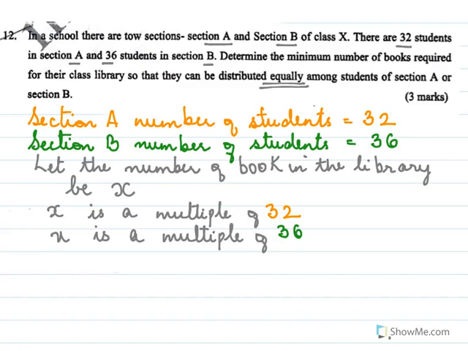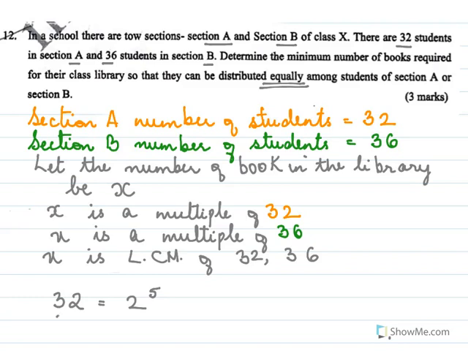So therefore X is the LCM of 32 and 36. So we need to find the LCM of 32 and 36.